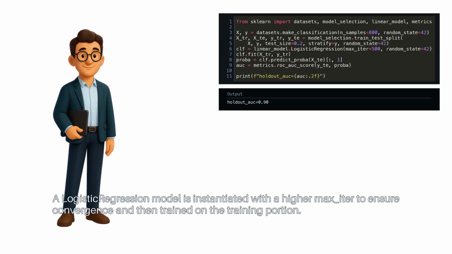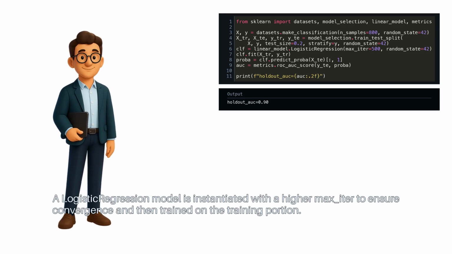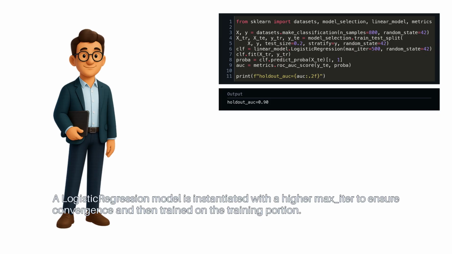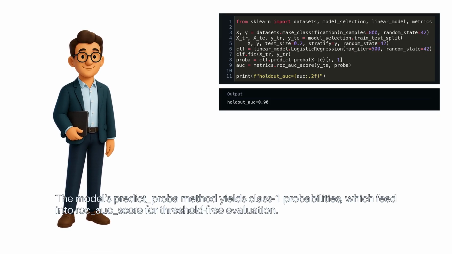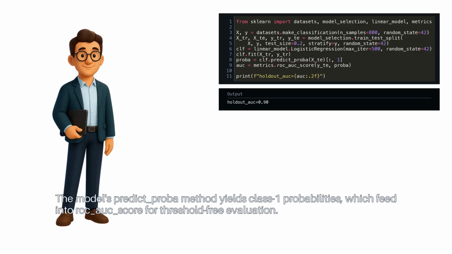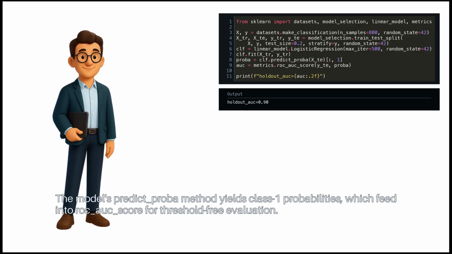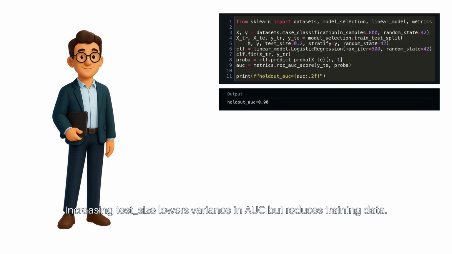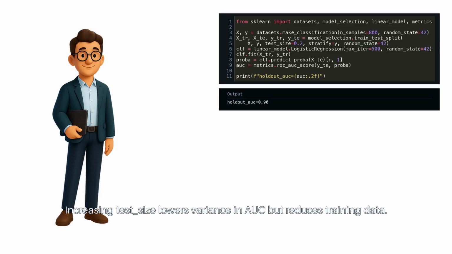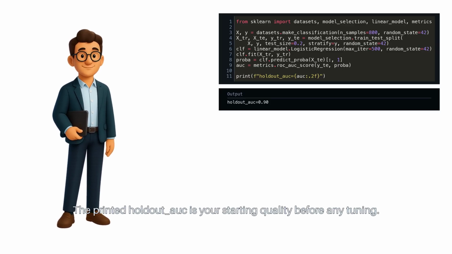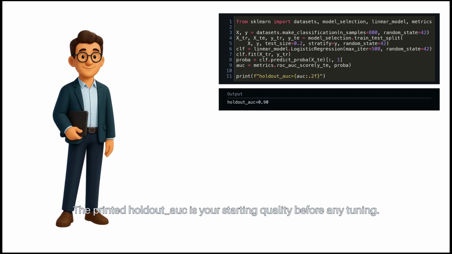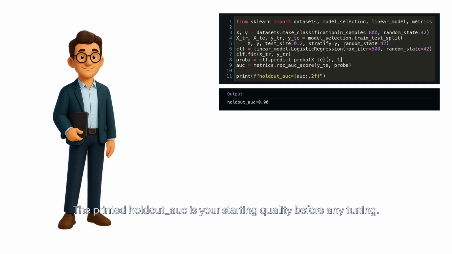A LogisticRegression model is instantiated with a higher max_iter to ensure convergence and then trained on the training portion. The model's predict_proba method yields class 1 probabilities, which feed into roc_auc_score for threshold-free evaluation. Increasing test size lowers variance in AUC, but reduces training data. The printed holdout AUC is your starting quality before any tuning.